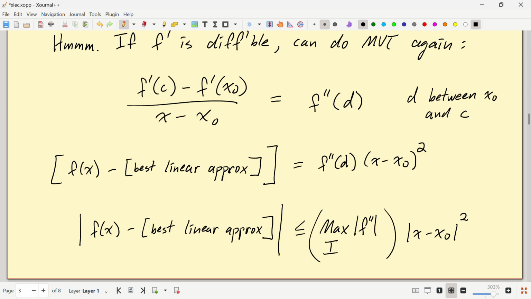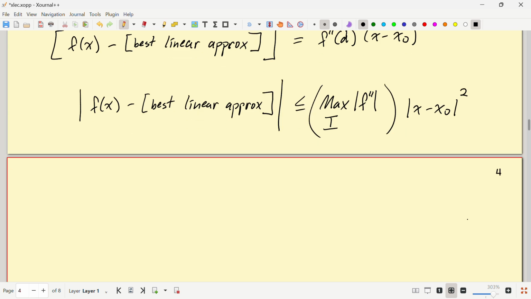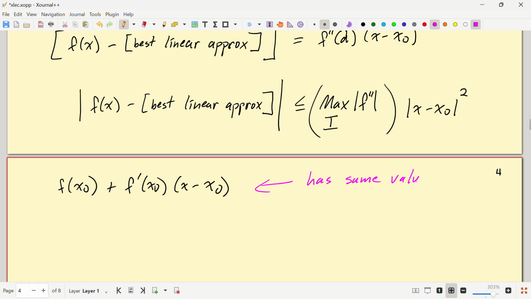Anyway, that's the point of this next: the best linear approximation has the same value as f and the same first derivative. So f(x naught) plus f prime of x naught times x minus x naught has the same value as f at x naught and the same derivative.